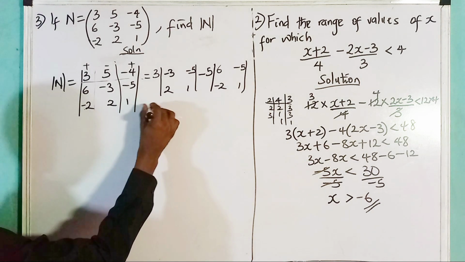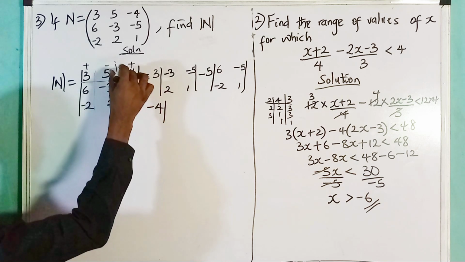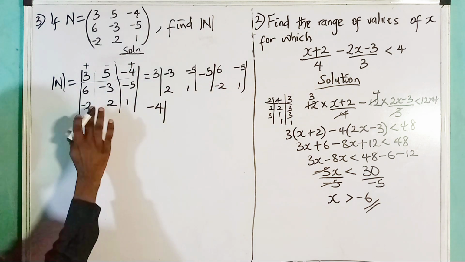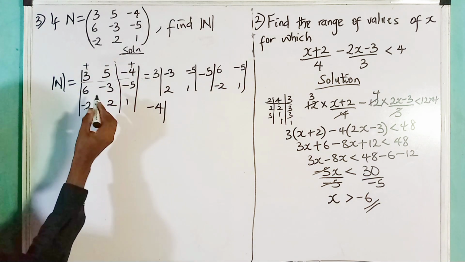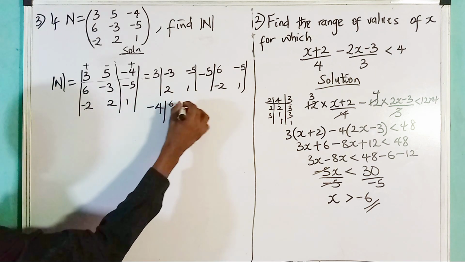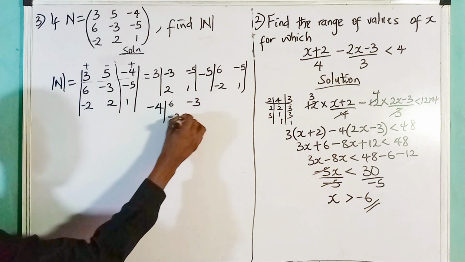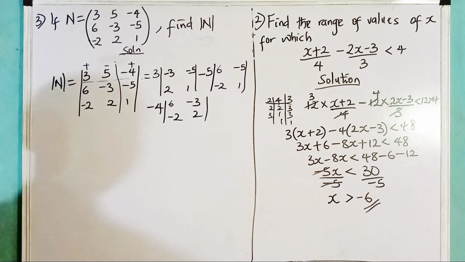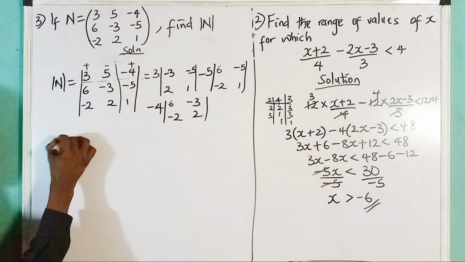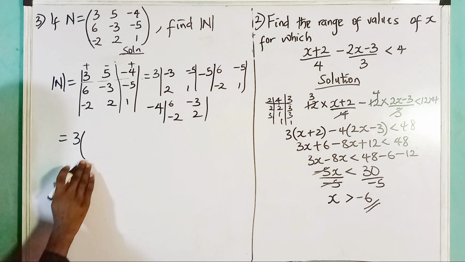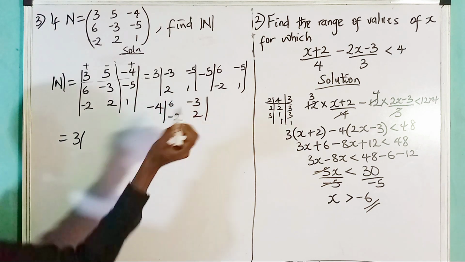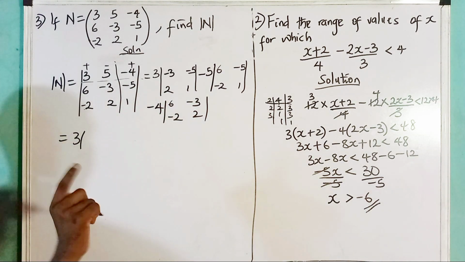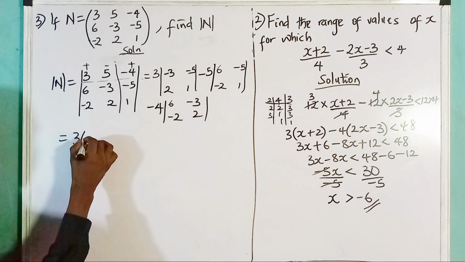So what I'm going to write is minus 4 into, remove this side now, and my left is 6 minus 3 minus 2, 2. So let's break it down. This is equal to 3 into, I'm going to write it in bracket now. This is how you do matrix determinants. 1 times minus 3.